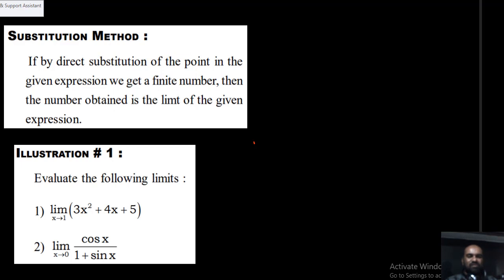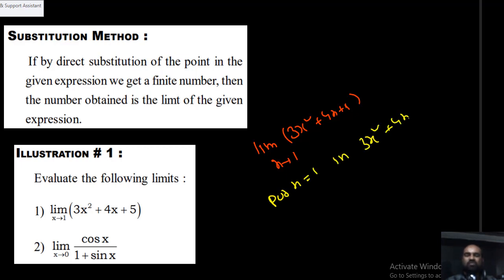For example, here is one example: find the limiting value of 3x square plus 4x plus 1 where x is tending to 1. Just put x equal to 1 in 3x square plus 4x plus 1, we get 3 plus 4 plus 1, that is equal to 8.